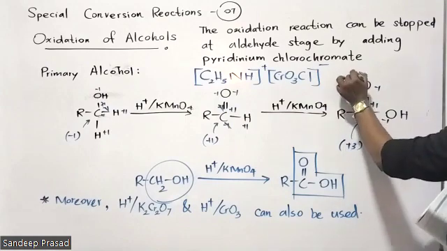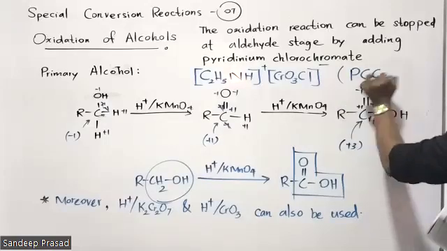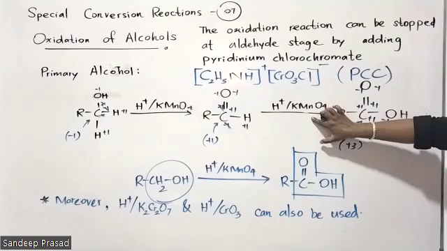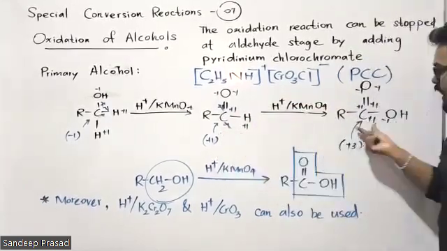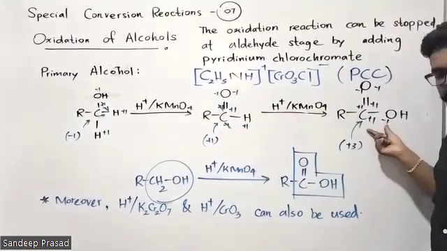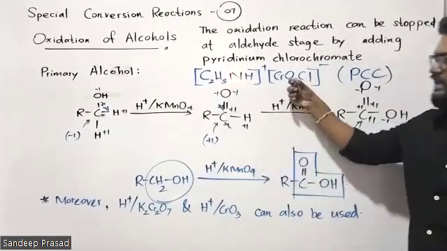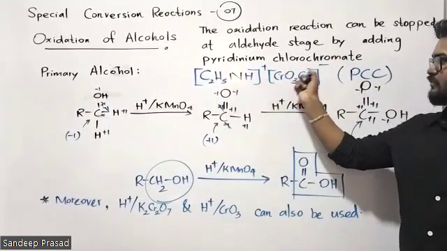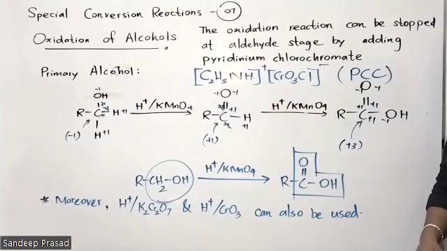So the short form is PCC. So we can stop this reaction at the aldehyde stage, without continuing up to carboxylic acid, by adding pyridinium chlorochromate. So a cation and an anion make an ionic compound.